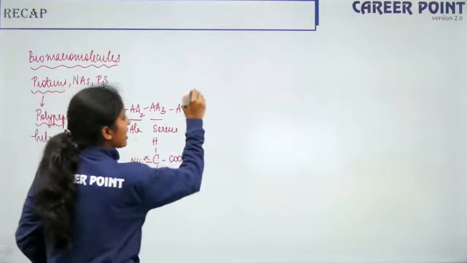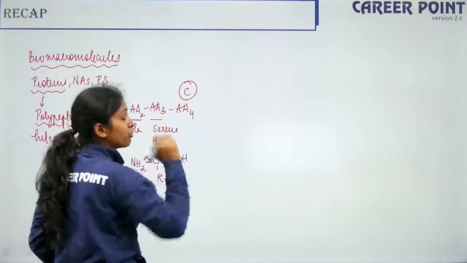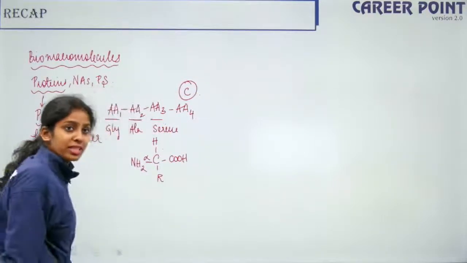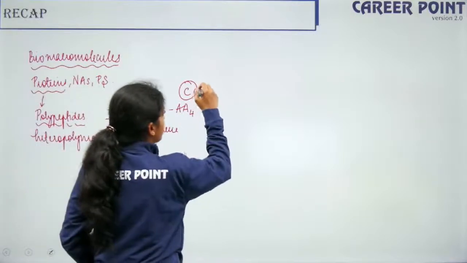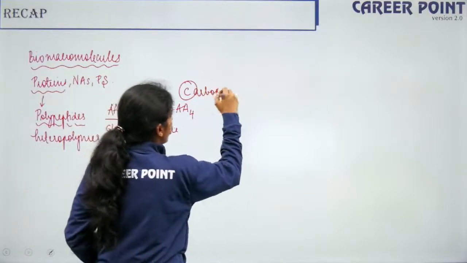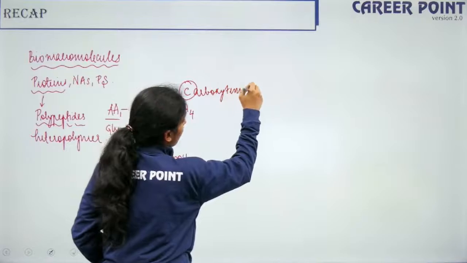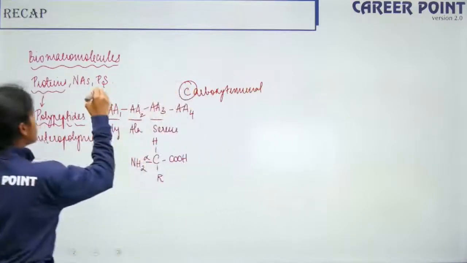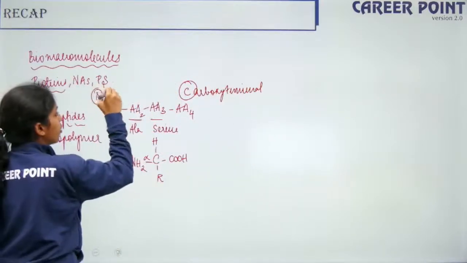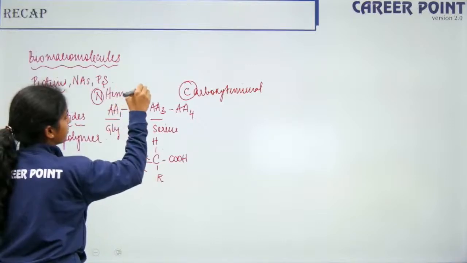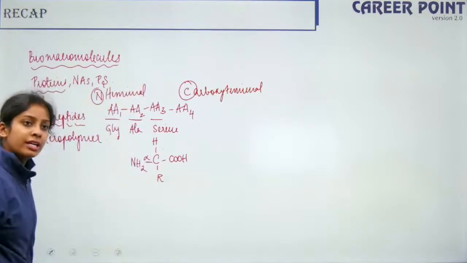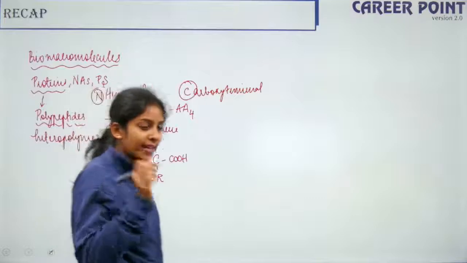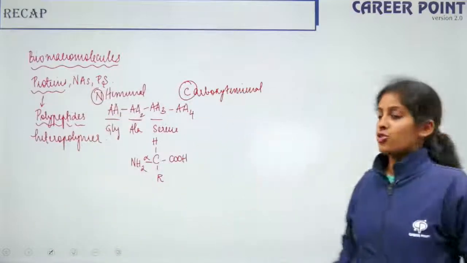Right, so the right hand end of the protein is called the C terminal end or the carboxyl terminal. So this is the C terminal or the carboxyl terminal of a polypeptide, and this is the N terminal or the amino terminal of a polypeptide. Fine. So far clear? Any doubt? And this is the primary structure of protein.